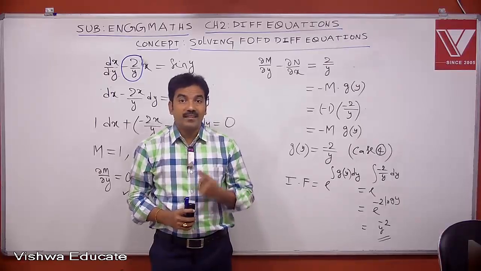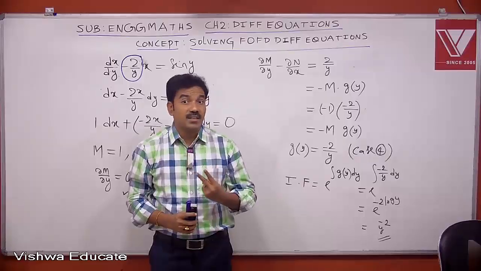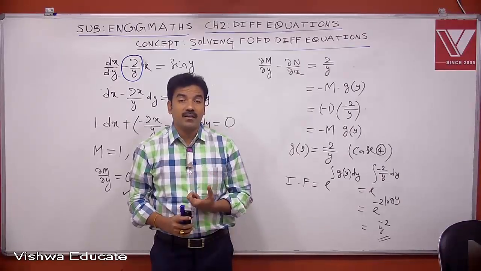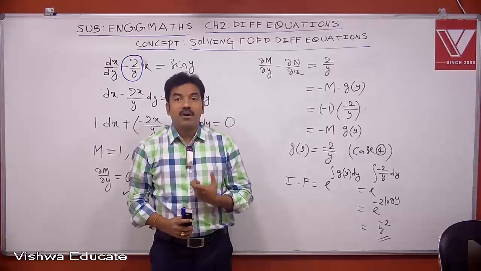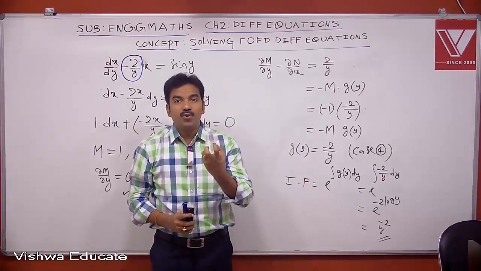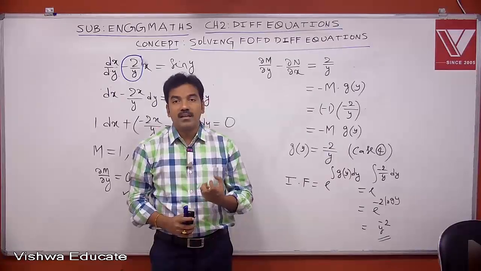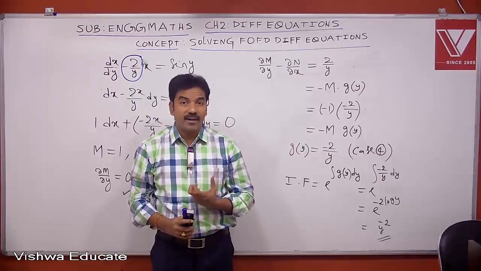When you get either case 1 or case 2, the result is in terms of both x and y, because the result is 1 by mx plus ny, or 1 by mx minus ny. But when you look at case 3, it is purely a function of x, e power integral f of x dx. And in the last case, it is e power integral g of y dy.